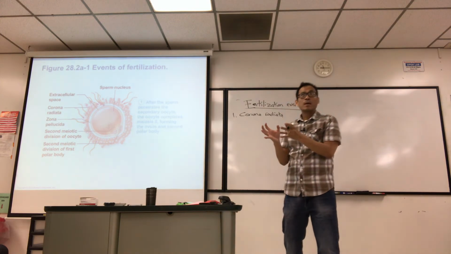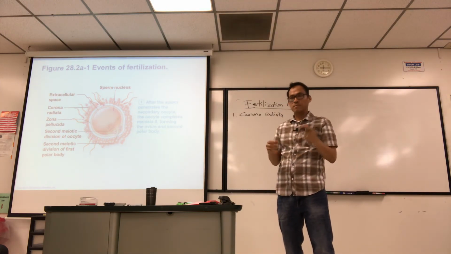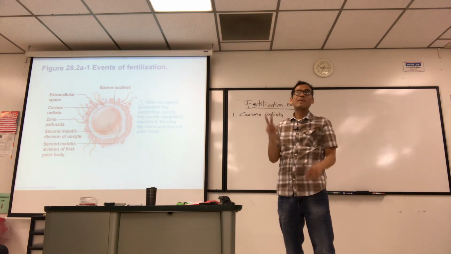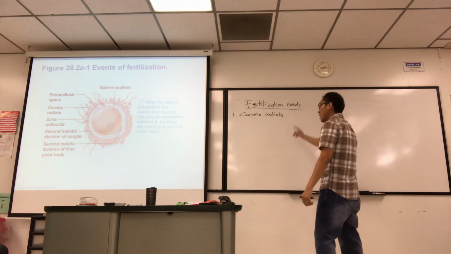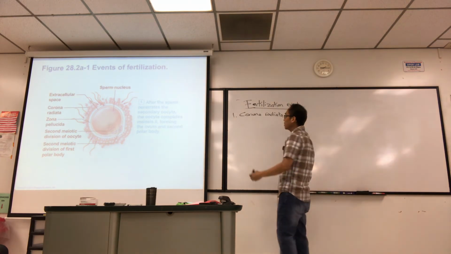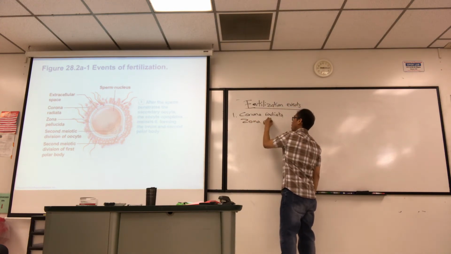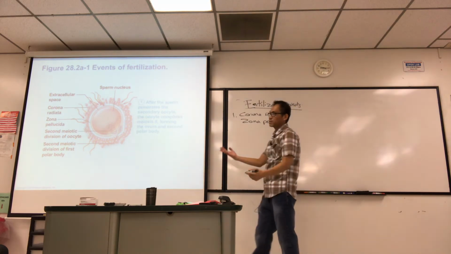The first ones that get there aren't the fertilizing sperm. They're the ones punching holes in the barriers, corona radiata, zona pellucida. Maybe the second wave of sperm gets in. Corona radiata is still there. Zona pellucida is there, the white layer. So I'm just listing them because they're present.